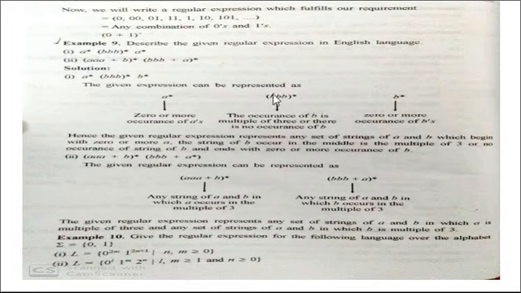Because in the previous case, a closure means what? Zero means null. More occurrence of a means null, a, aa, aaa. Here the closure is of triple b, which means the occurrence of b will be 3 times, like triple b, 6 times b, 9 times b, 12 times b, a multiple of 3 times.